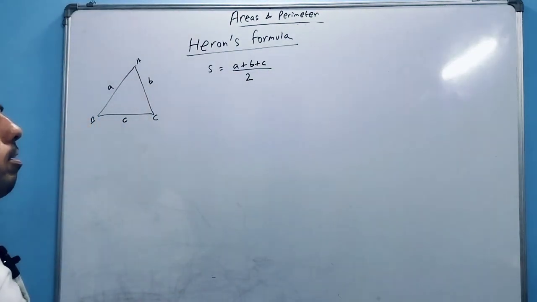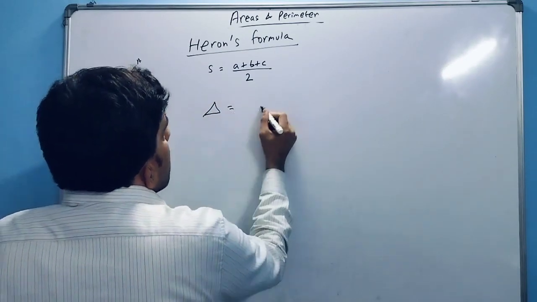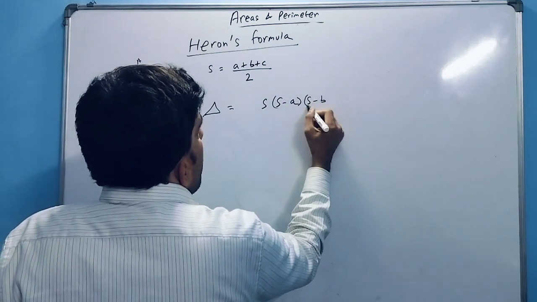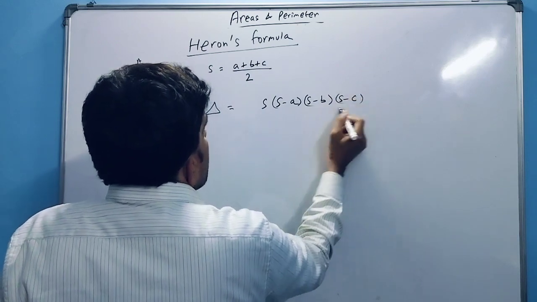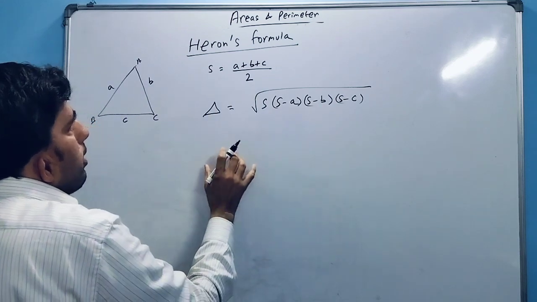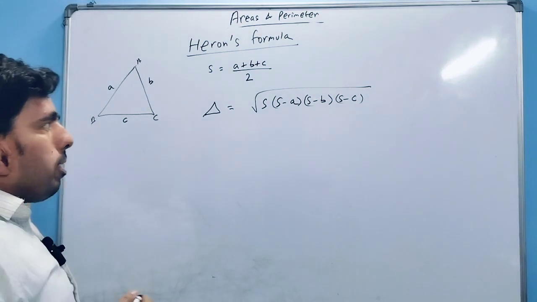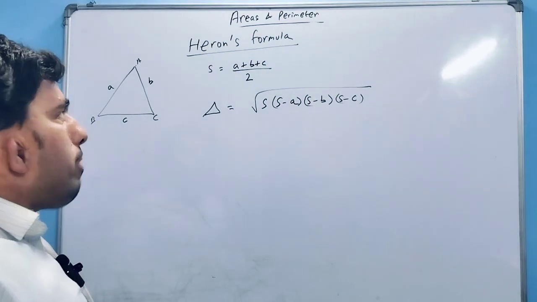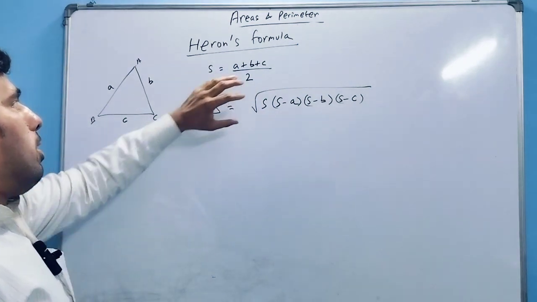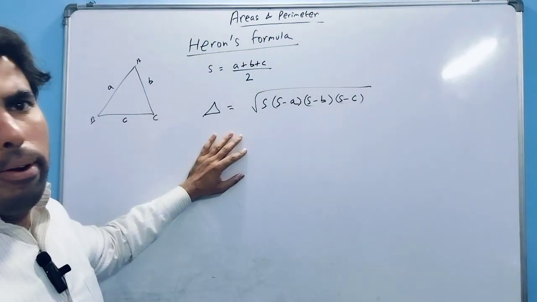Then the area is the square root of S into S minus A, S minus B, S minus C. So finally we can easily find the area of a triangle using Heron's formula, where S is the semi-perimeter and A, B, C are the sides given in the triangle. So likewise we can find it very easily.